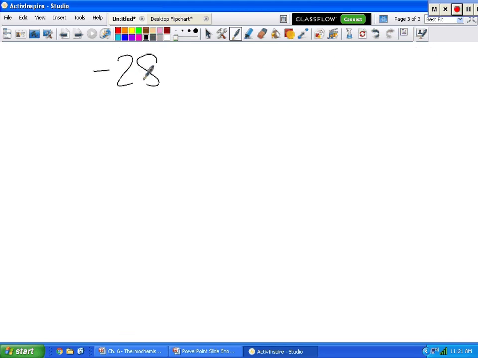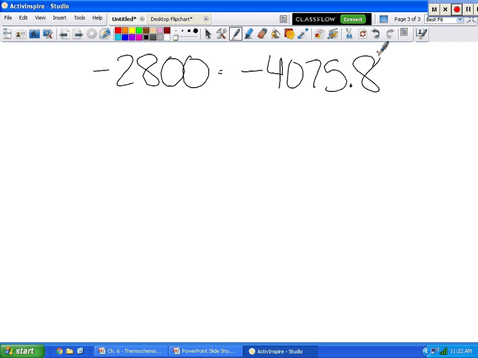What was this number in brackets? All right, so here's the deal. I need to add this to this side because I got to get it to the other side.